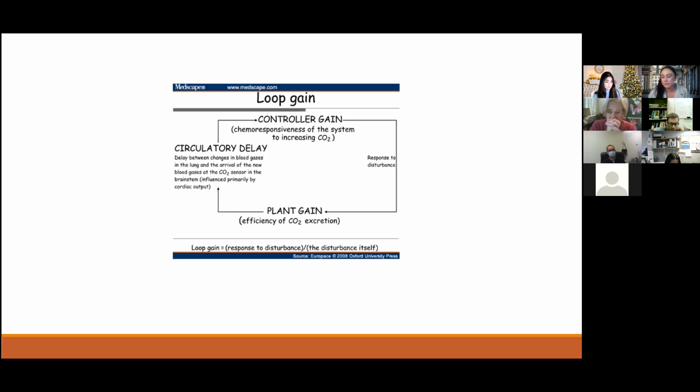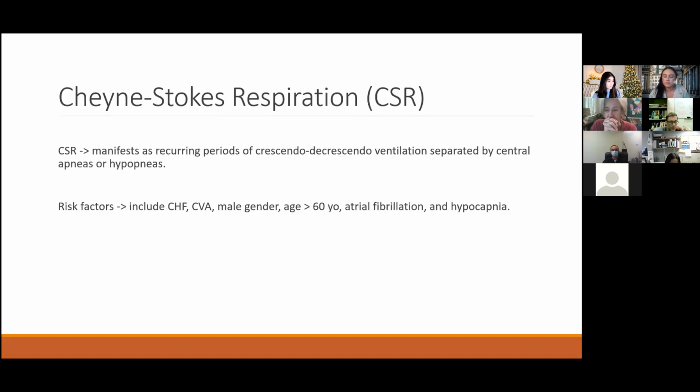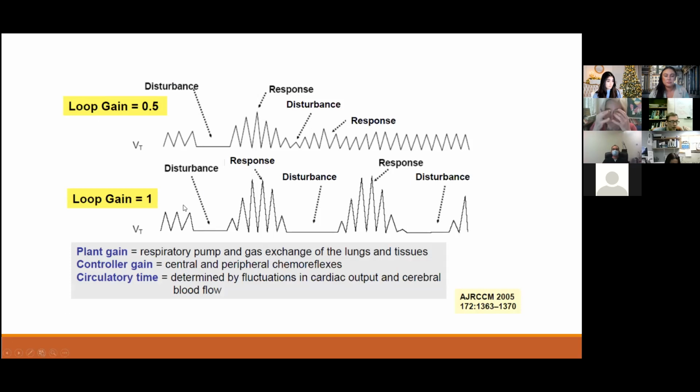And so that leads to alterations in your brainstem and responsiveness to CO2 levels. So during these crescendo periods, there's a heightened response to these changes, and you blow down your CO2 really far below your apneic threshold, and then you go apneic, and then your CO2 builds, and then you have this exaggerated response. So it just self-perpetuates throughout this process.